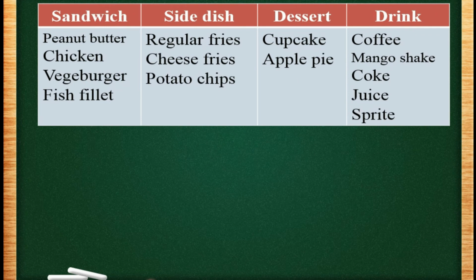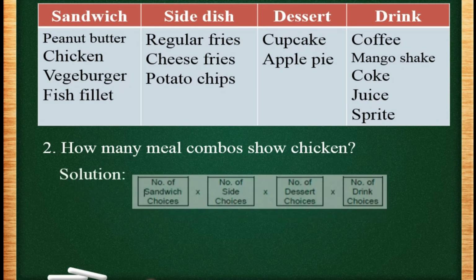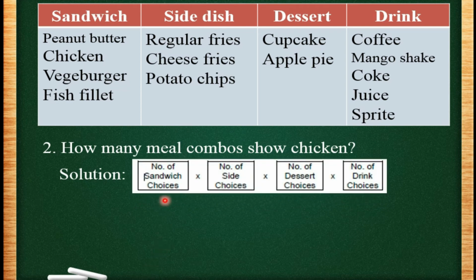Using the same given, how many meal combos show chicken? So the solution is, we have the number of sandwich choices again, times number of side choices, times number of dessert choices, times number of drinks, is equal to the number of meal combos showing chicken. So for the sandwich choices, you're only having one. It's identified, it's already chicken.